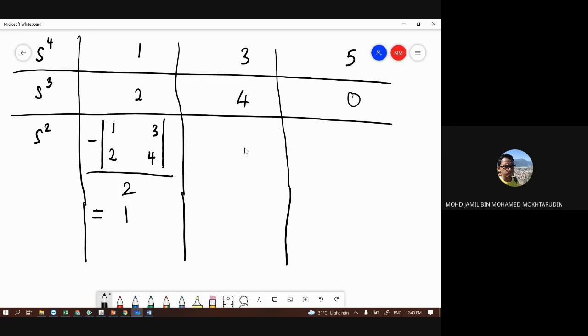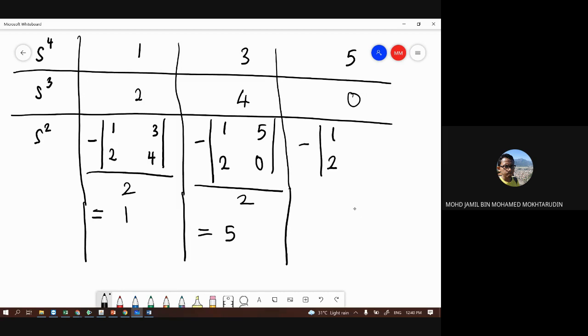Then the next column, negative determinant of 1, 2, 5, 0, divided by 2. So we get 10, 5, 5. The last column, negative determinant of 1, 2, and the next column is empty, so we put 0, divided by 2. So we get 0.